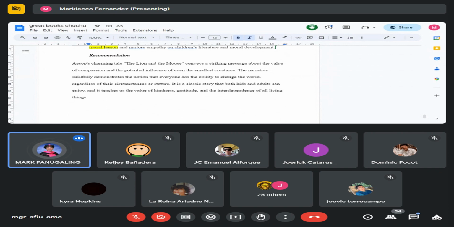Based on the findings and the conclusion, let me write. Based on the findings and the conclusion, these are the following recommendations.